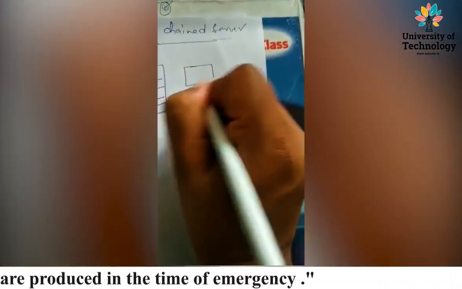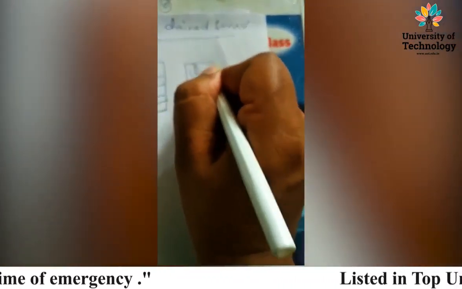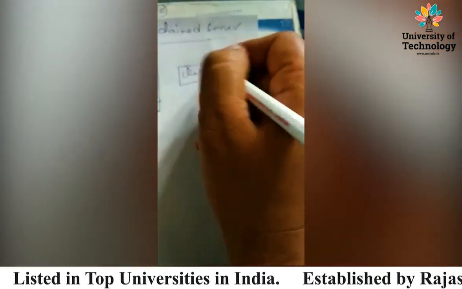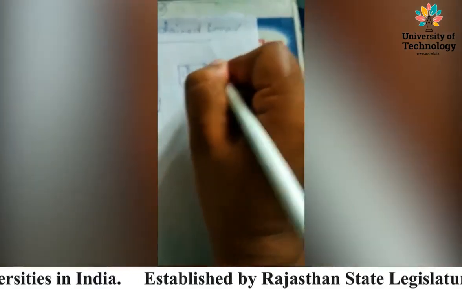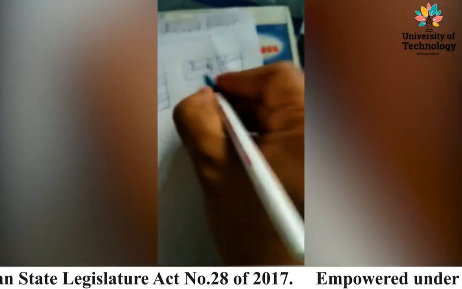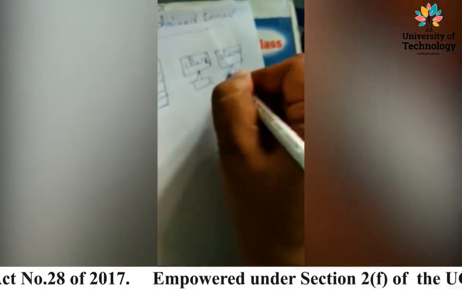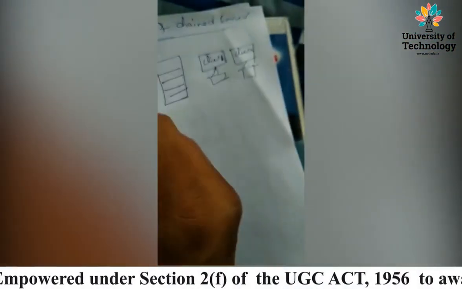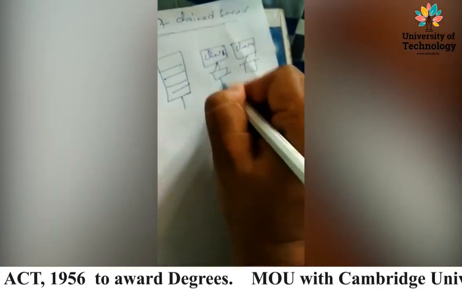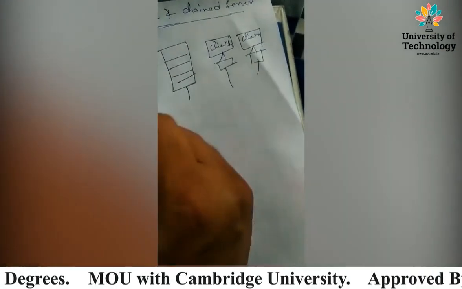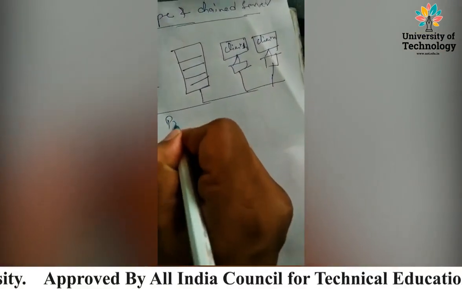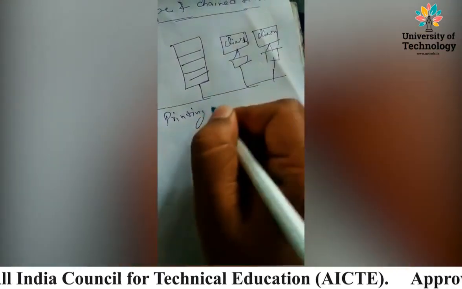Next, client 1, client i, and client N. So this is called the printing service.